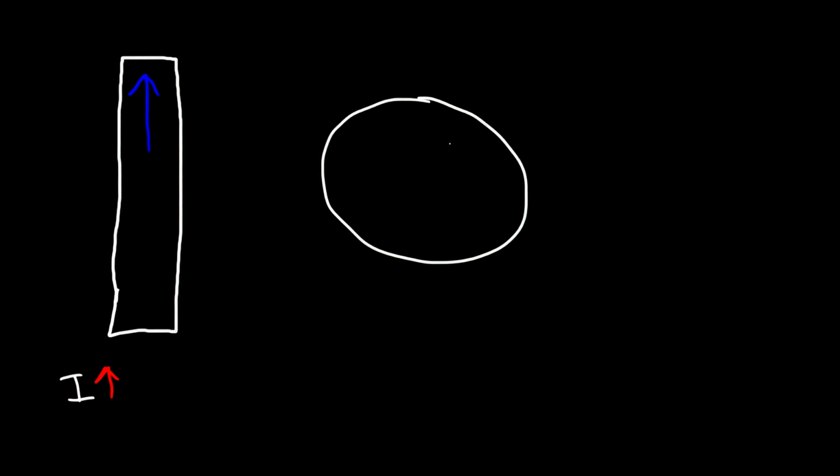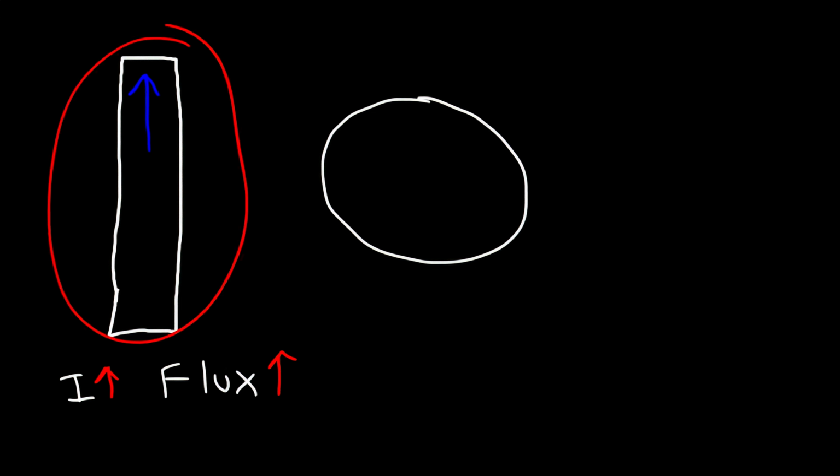Now, if the current in a straight wire is increasing, then that means the magnetic field is increasing, which means the flux generated by that wire is increasing. That is the magnetic field produced by this wire that is in the center of this loop. That's going to increase, which will increase the flux.